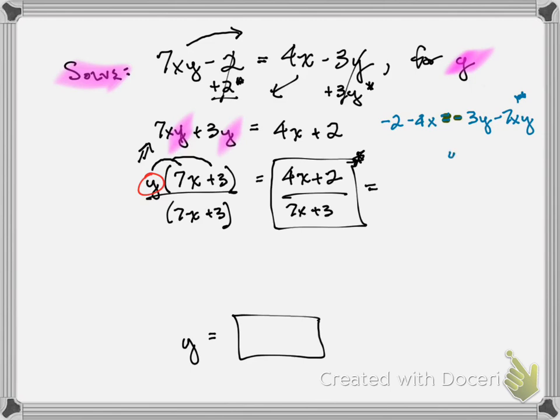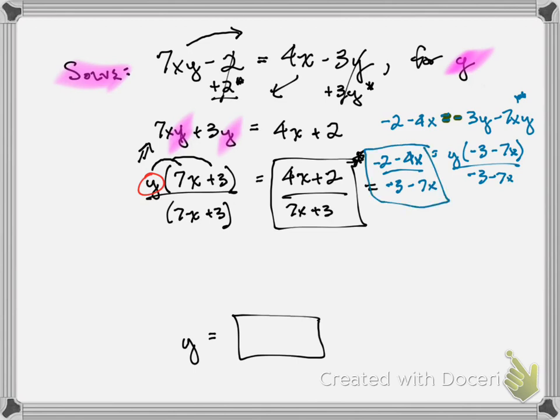I'll factor out a y. I'm left with negative 3 minus 7x, and that equates to negative 2 minus 4x. I'll divide by negative 3 minus 7x, divide by negative 3 minus 7x, and here is my solution for y.